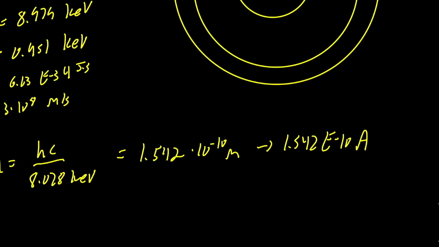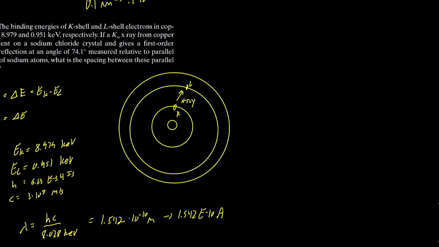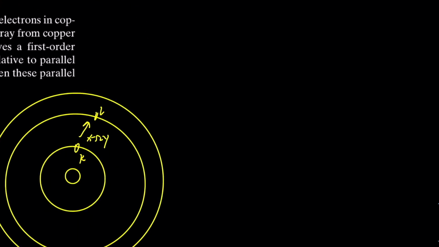So we have lambda, now we have to use Bragg's law. What Bragg's law entails is 2d sine theta is equal to n lambda. And we're given theta, which is 74.1, and n is equal to 1, since it's the first order of reflection.